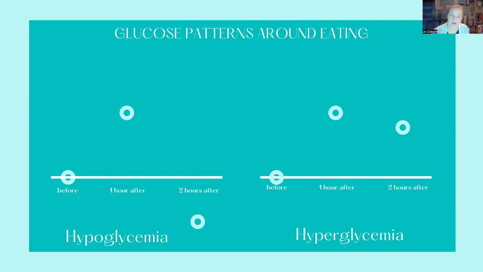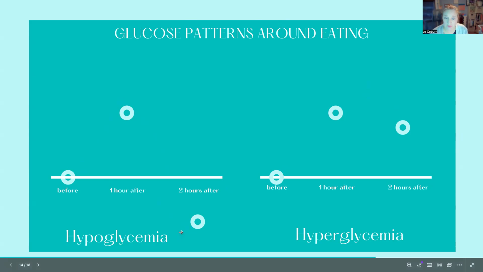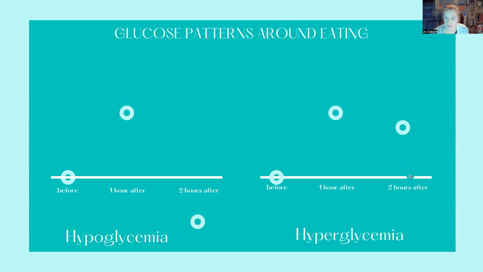And if they've gotten a rise in blood sugar and it goes below baseline, they're having hypoglycemia, right? Where they're having the highs followed by the lows after their meal. And then if it doesn't return back to baseline and it stays elevated, they're having hyperglycemic incidents.